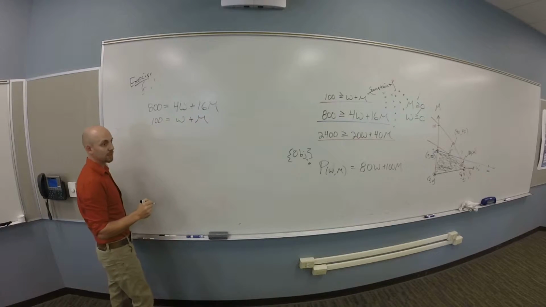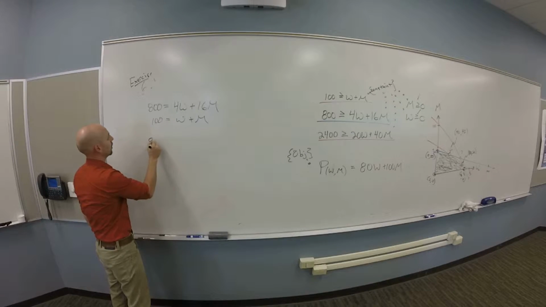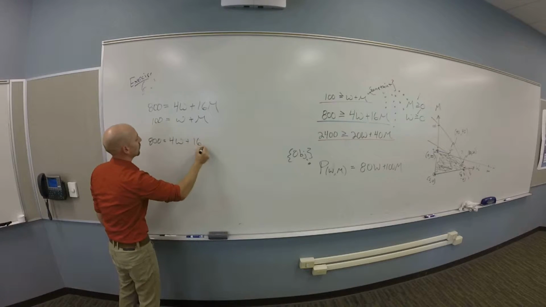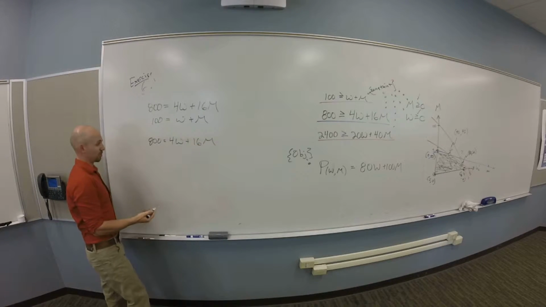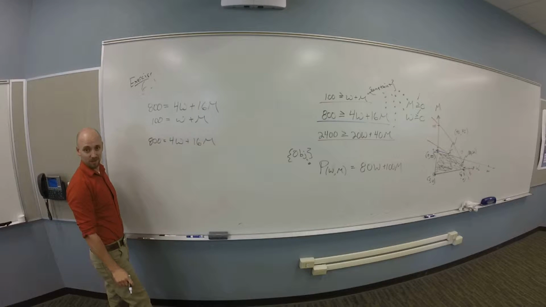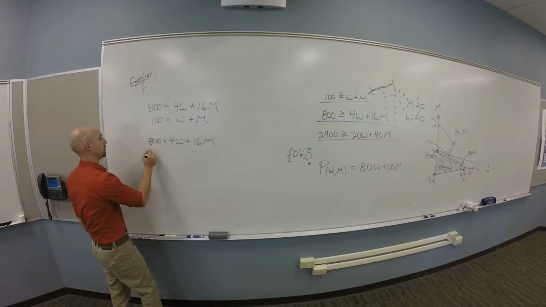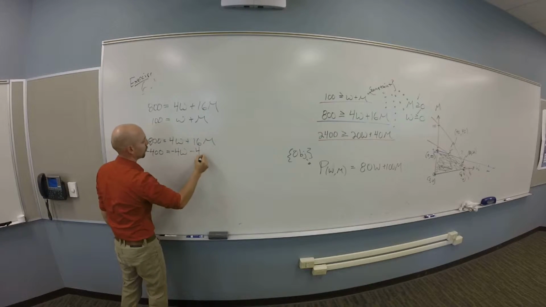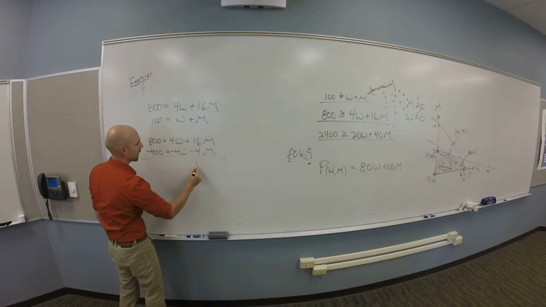So on solving this, I'm gonna leave the first equation alone. I'm gonna multiply the second equation by like, what? -4. Perfect. So I got negative 400 is negative 4W minus 4M. Add these together.